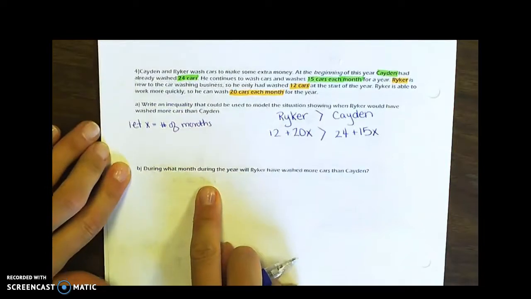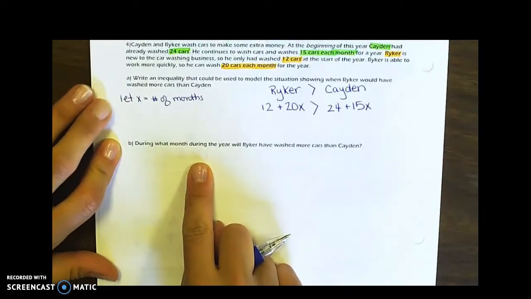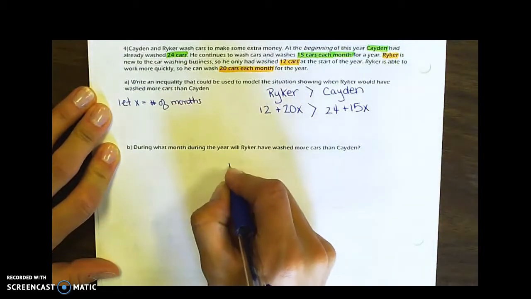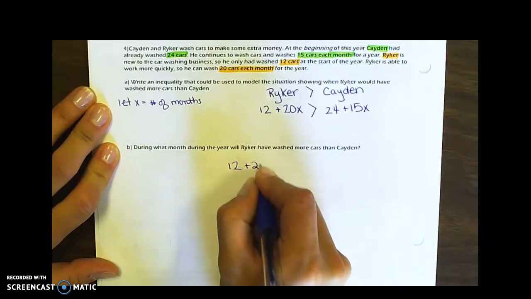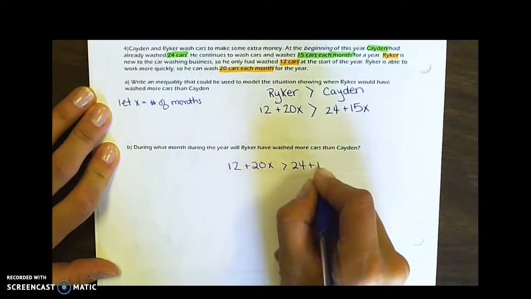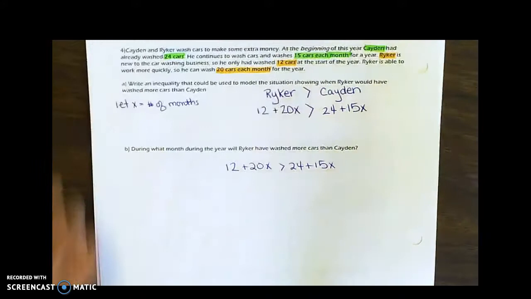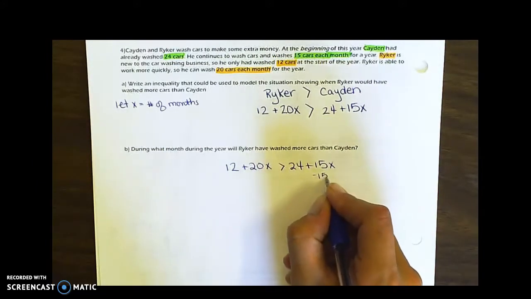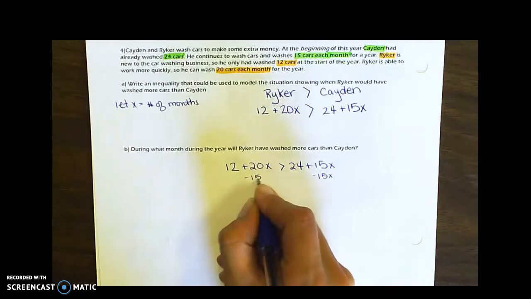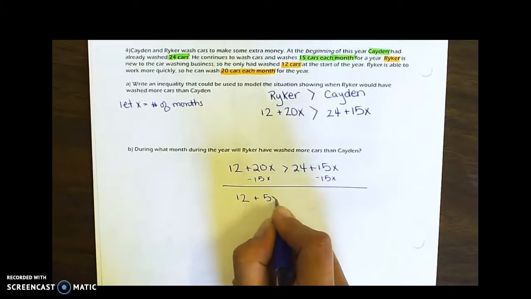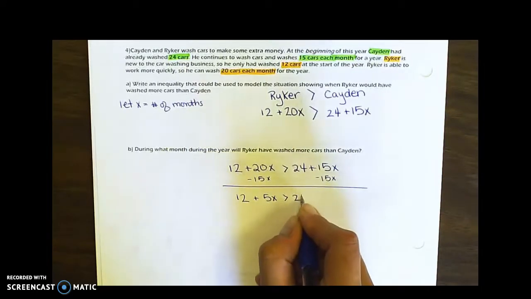So now for part B. During what month will Riker have washed more cars than Caden? So 12 plus 20X is greater than 24 plus 15X. Let's solve. We're going to subtract 15X. So 12 plus 5X is greater than 24.